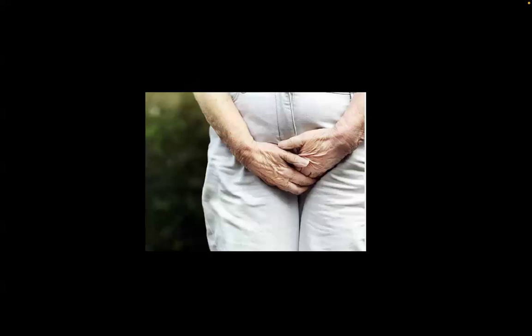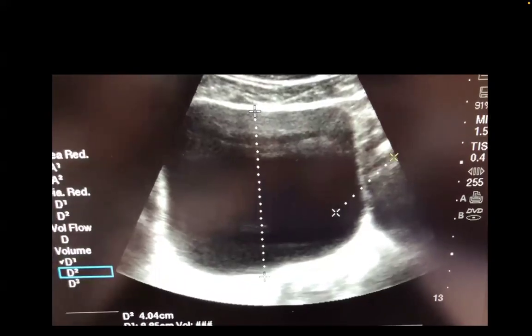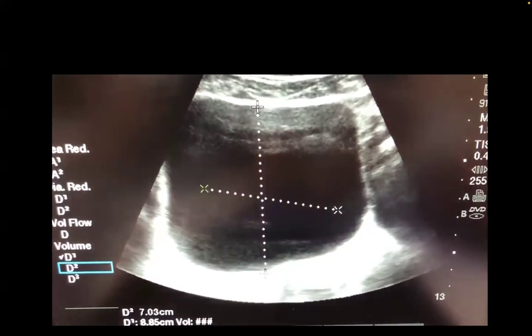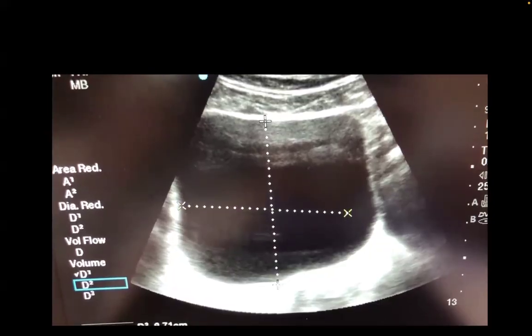What about your patient with potentially urinary retention, or the elderly gentleman with a presumed larger prostate and BPH? Well, in evaluating a patient's post-void residual, it's very easy to measure the bladder volume.